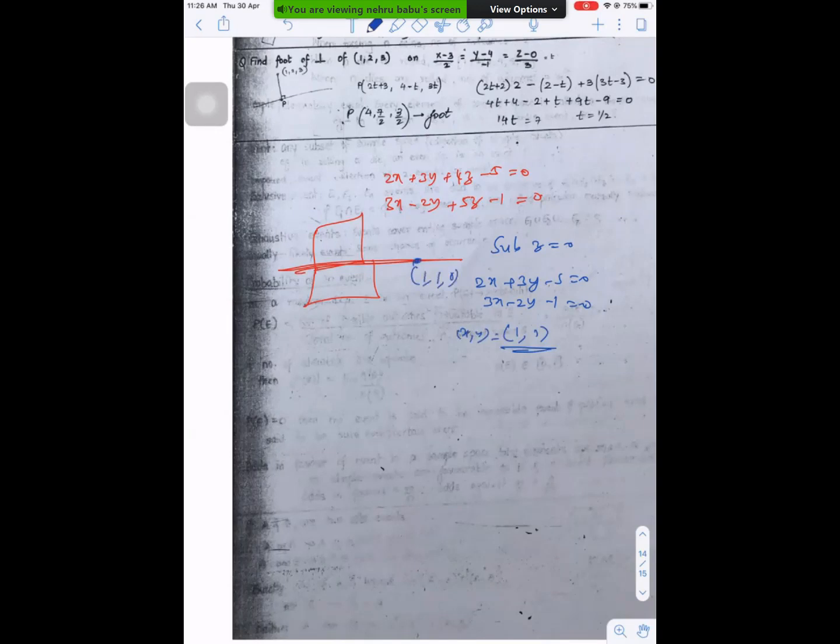So this point is 1, 1, 0. But in the exam, depending on the options, you decide. Because infinitely many points are there, if in your options the x coordinate is 0 in all of them, then you also substitute x equal to 0. So take the decision based on options.